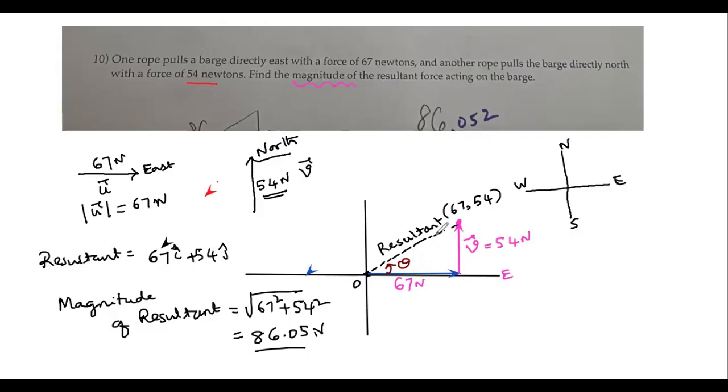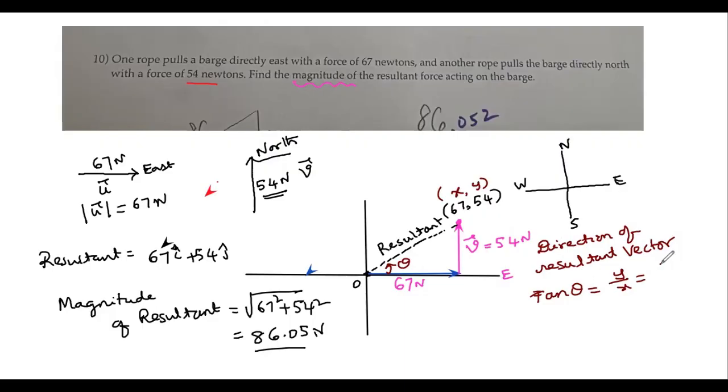If you consider the resultant vector point as x comma y, then tan theta is equal to y divided by x. The angle is obviously in the first quadrant.